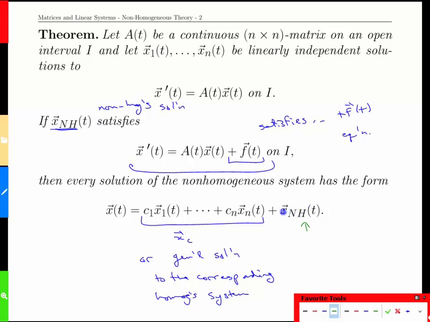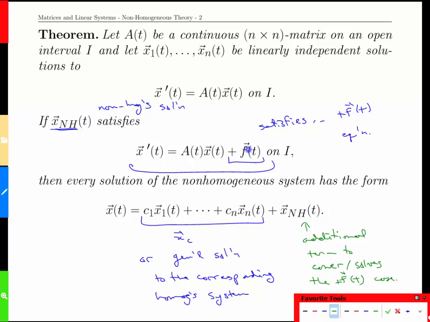It could be a complicated term, but still one term on the end due to that non-homogeneous term. So it covers or solves the plus f of t case.